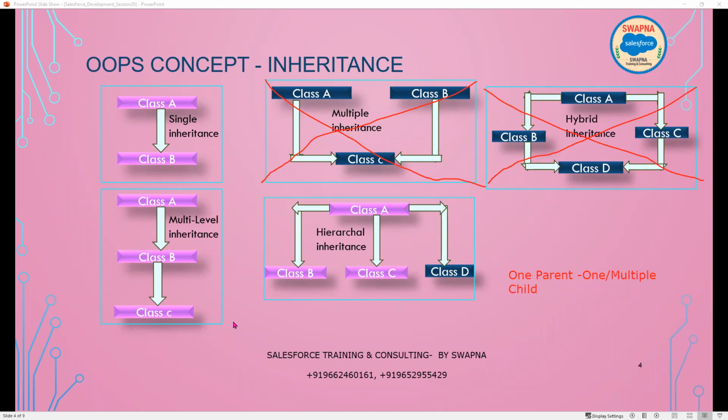Okay, so let's see a few examples on the OOPS concept. Before seeing the example, let's see the properties of inheritance.